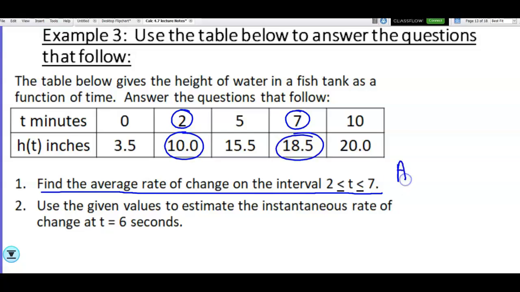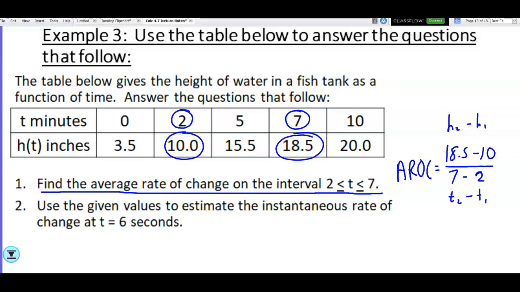So the average rate of change is going to be equal to 18.5 minus 10, the second height minus the first height, over the second time minus the first time. The second time is 7, the first time is 2.